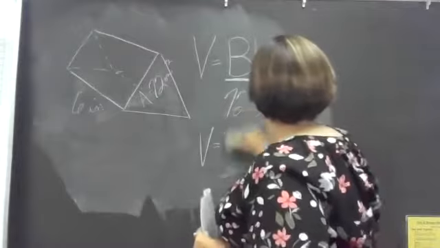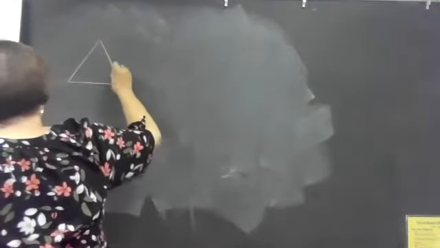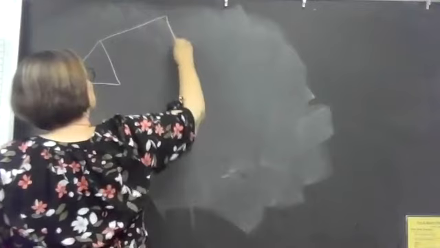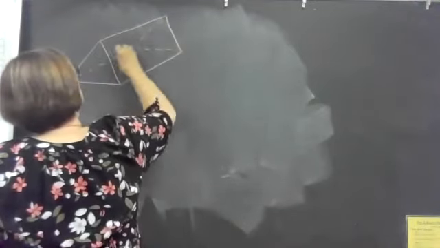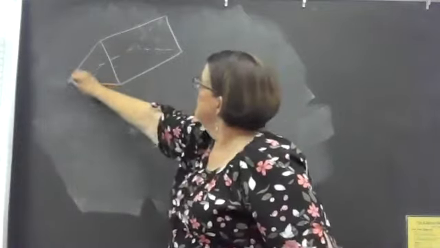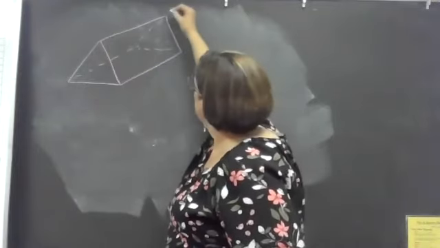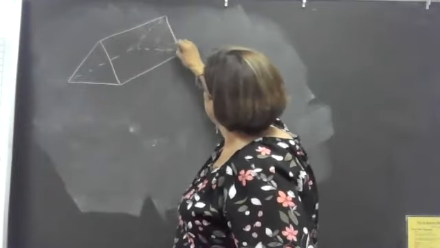So let's look at this problem. I'm on page 10, number 1. Discover. And I have this. All right. So you can see that this has a triangular base because this other one back here, if I drew it better, here's a triangle on the back and a triangle on the front, and they're parallel to each other.